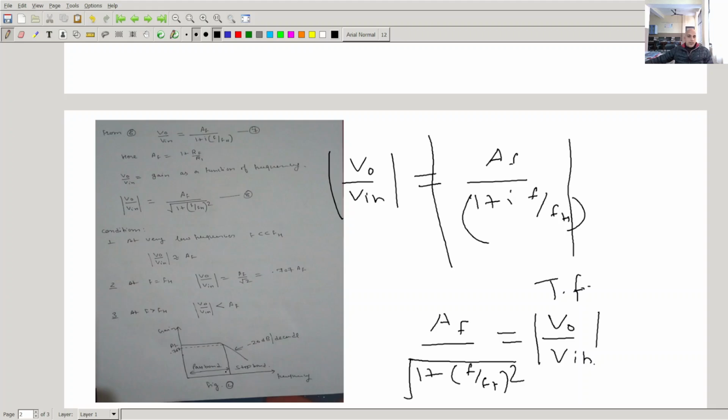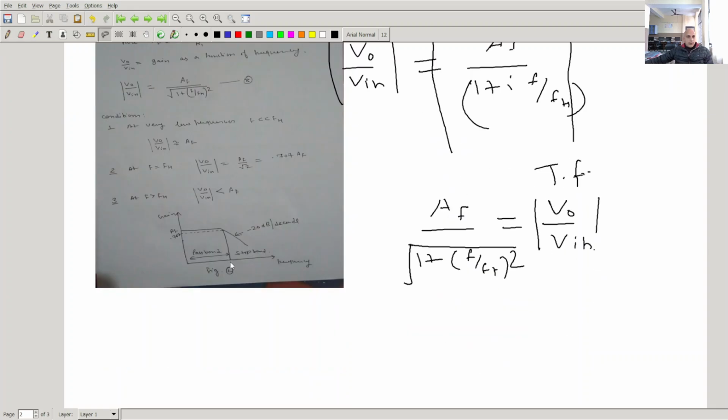So you can see here in this diagram, this is the pass band and this is the stop band. This frequency here will be FH. Clear? At this point, FH. So all those frequencies which are higher than FH will be attenuated, stopped.